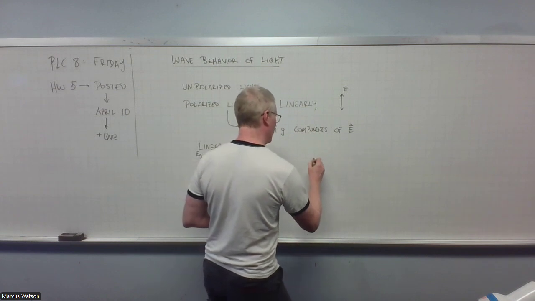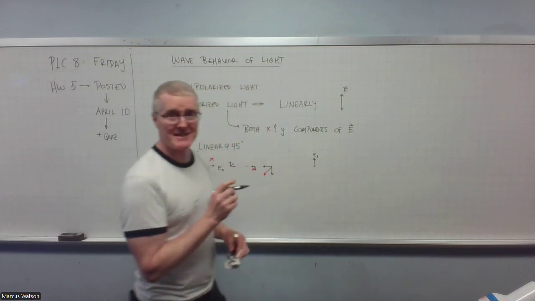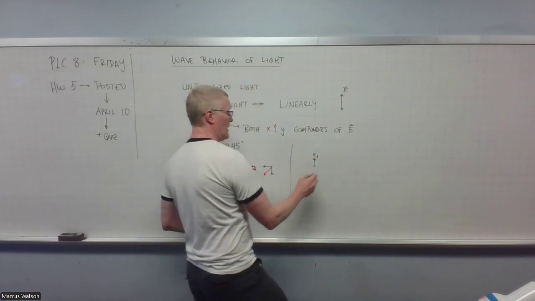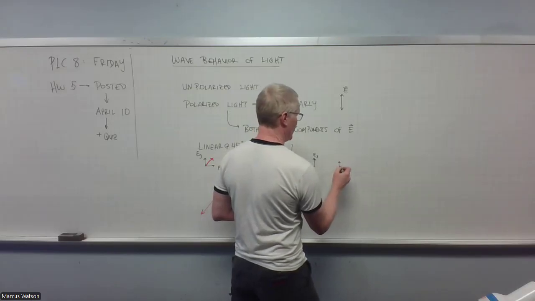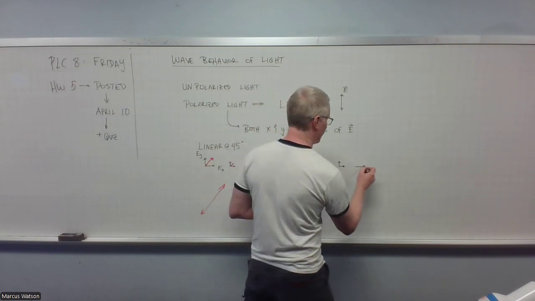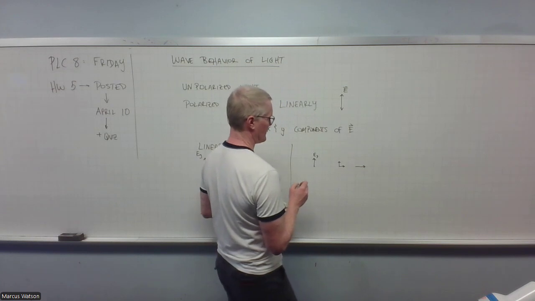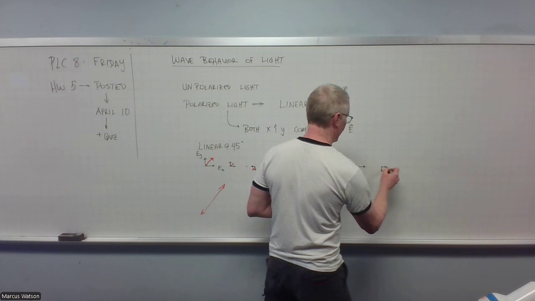So I have one going this way. My EY, say, is that way, when EX is 0. And then at the next point in time, I have this going this way, and I have this going this way. And then I have nothing this way, and then EX going that way. And then I have a little bit this way and a little bit that way.